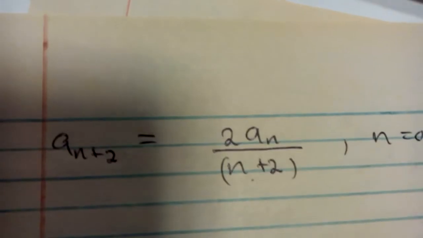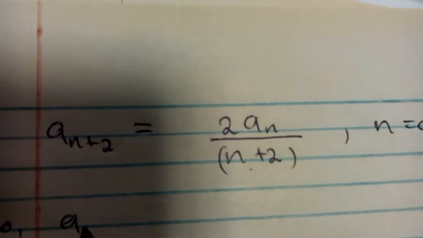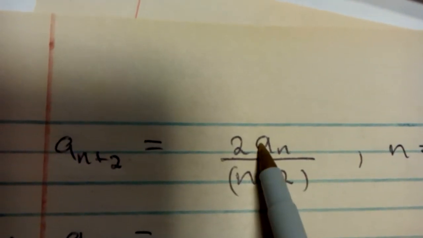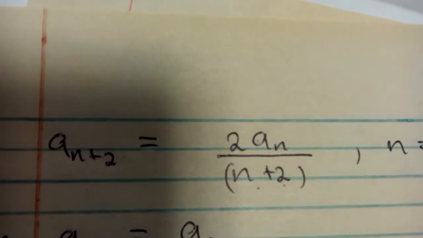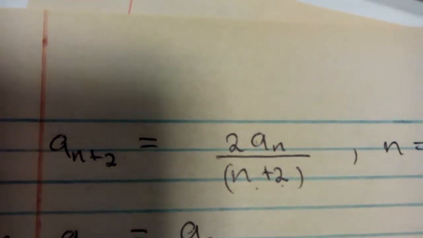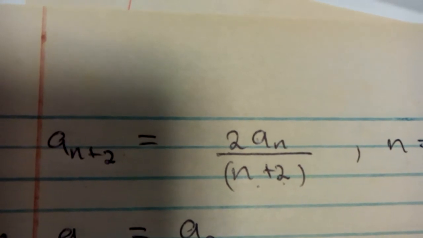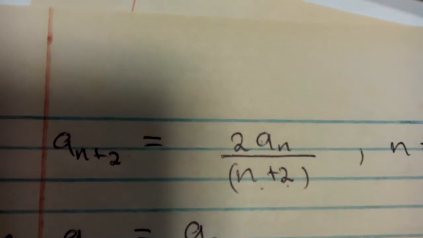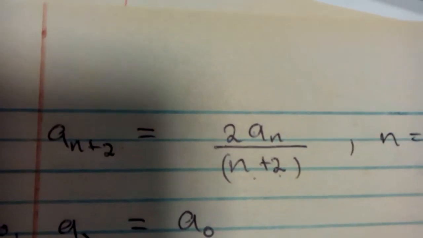And note that when n is 0, I get a2 is equal to 2 a naught divided by 2. I get a2 is equal to a naught. And when n is equal to 1, I get a3 equal to 2 a1 over 3. But this is equal to 0 since a1 is equal to 0.